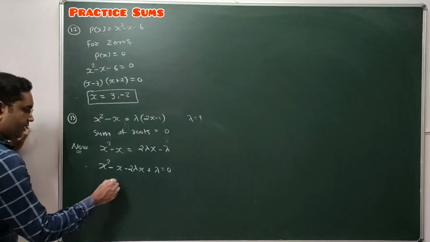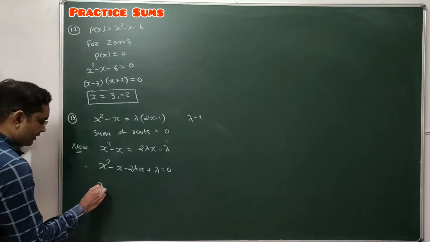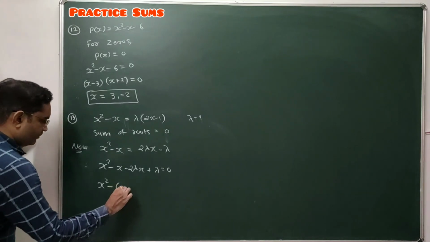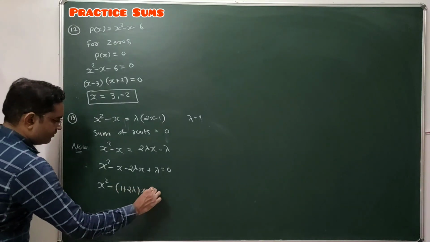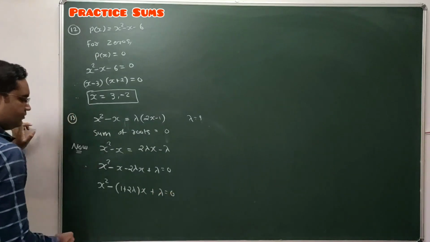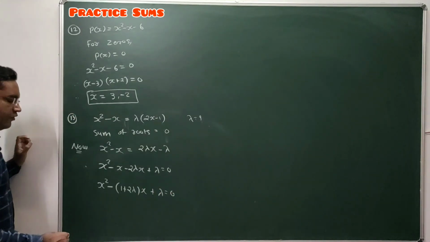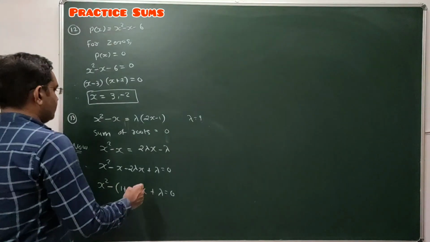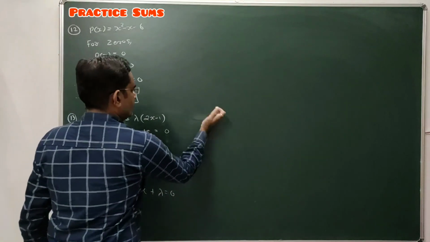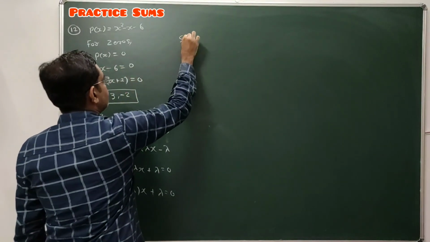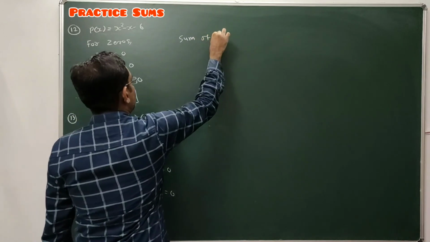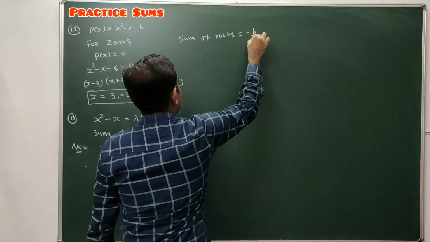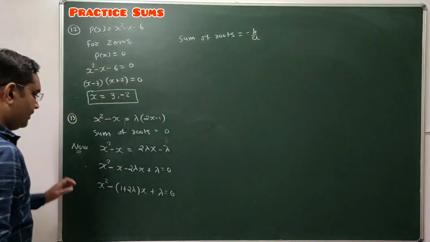Therefore taking the minus sign as common, it's x square minus 1 plus 2 lambda x plus lambda equal to 0. This is the equation in the form of ax square plus bx plus c equal to 0. So here what is the sum of roots? Sum of the roots is nothing but alpha plus beta equal to minus b by a. So what is the value of b and a over here?